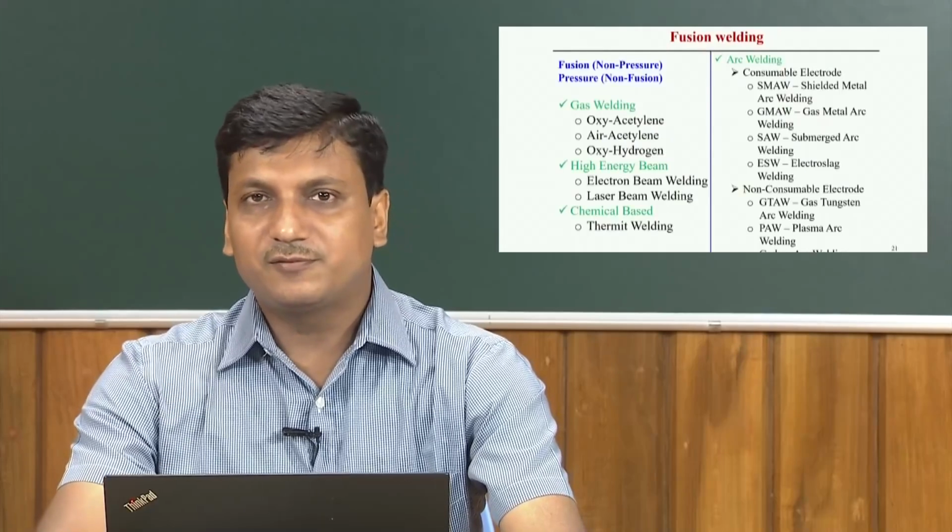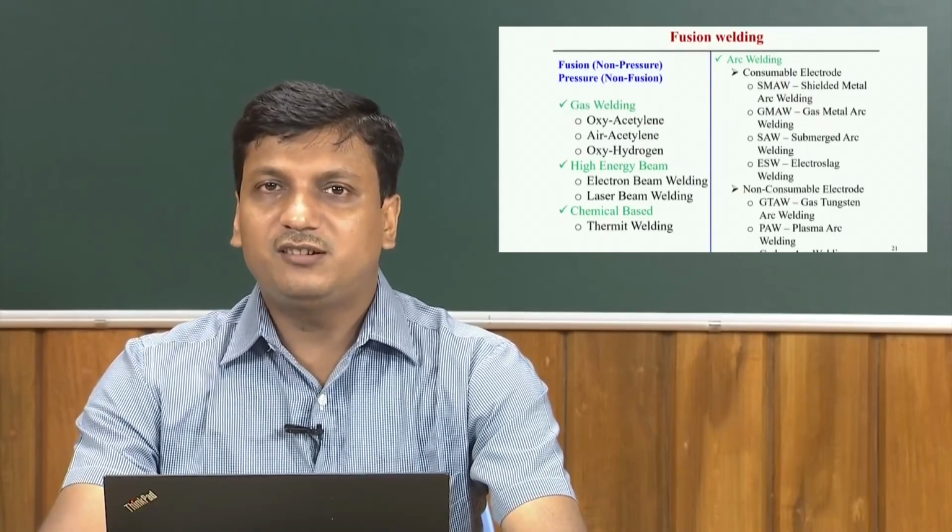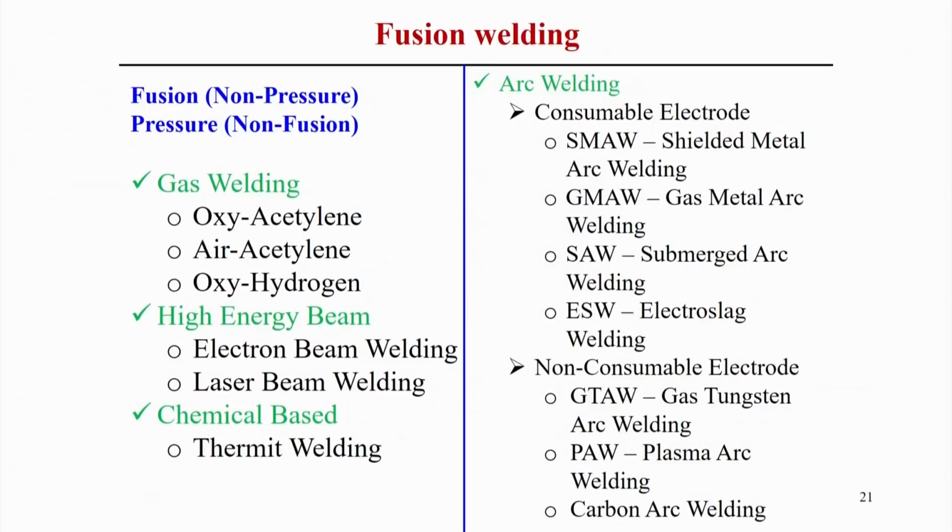Now, we will discuss some overall ideas about the different fusion welding processes. We know that welding processes are broadly categorized into fusion welding, non-pressure, that means without the application of any pressure, and pressure welding, that is non-fusion, where there is no fusion of the substrate material.